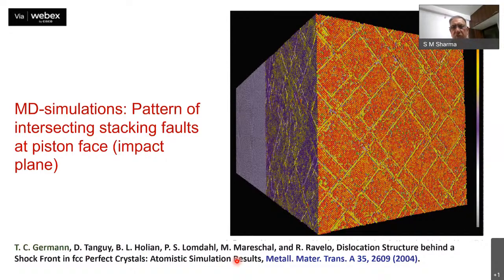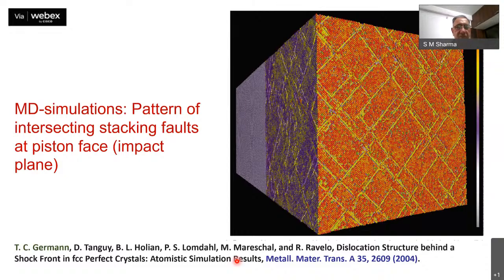Almost all showed that there should be a large abundance of stacking faults, but nobody knew how to observe this. Experiments were carried out on the recovered samples, which indeed showed a large abundance of dislocations, stacking faults, and all kinds of faults.